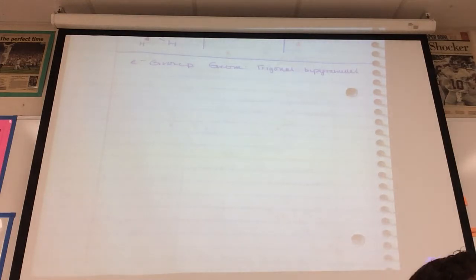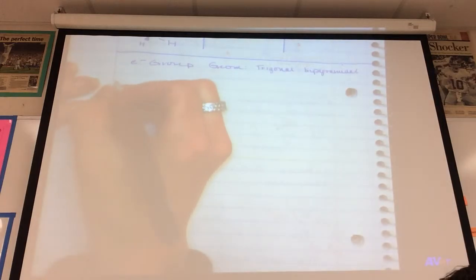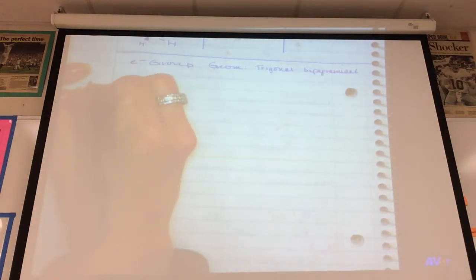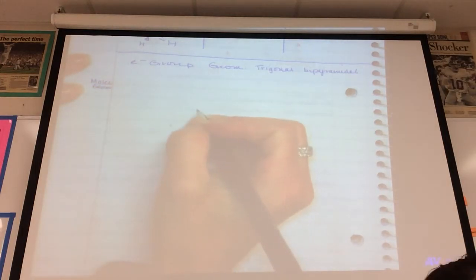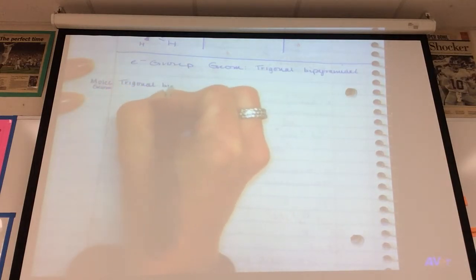Okay. All right. First one up. Your molecular geometry, whenever you have no lone pairs, is the same as your electron group geometry. So this is going to be trigonal bipyramidal.